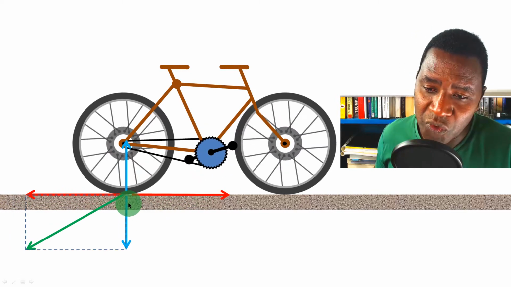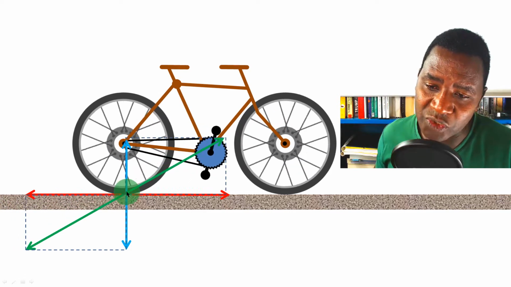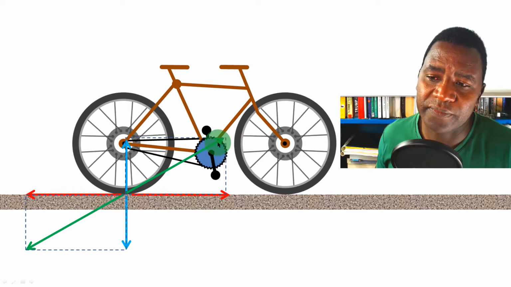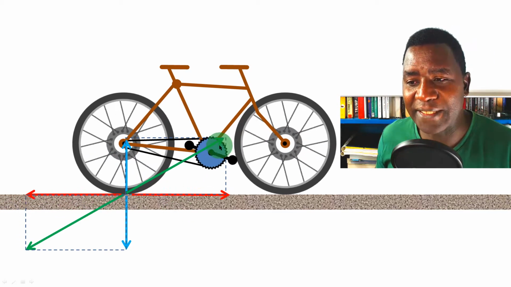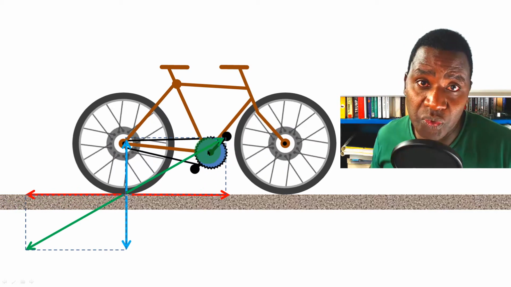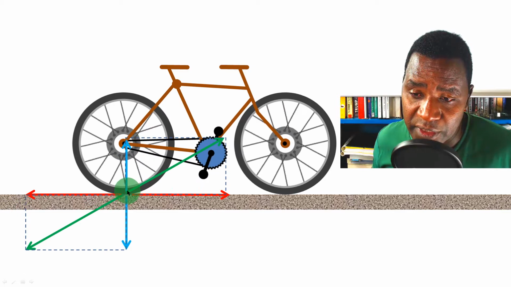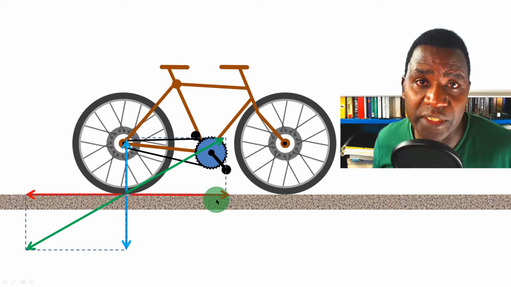So the actual force which this road exerts on the tire is actually this one. This is the force which the road exerts on the tire. And it has got two components. It has got the normal component and it's got the frictional component.